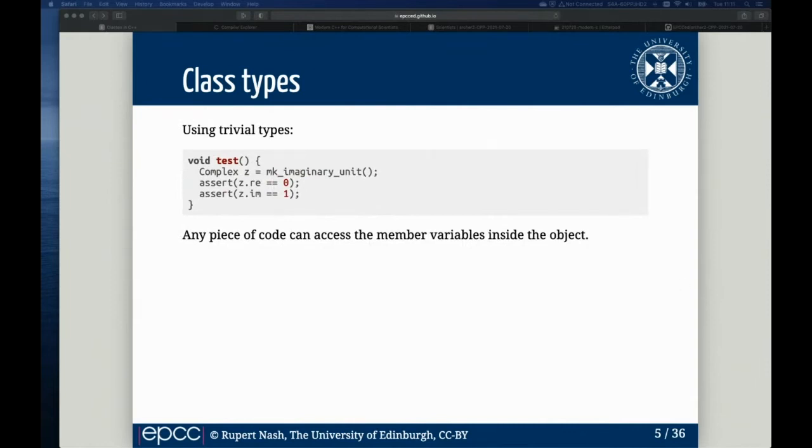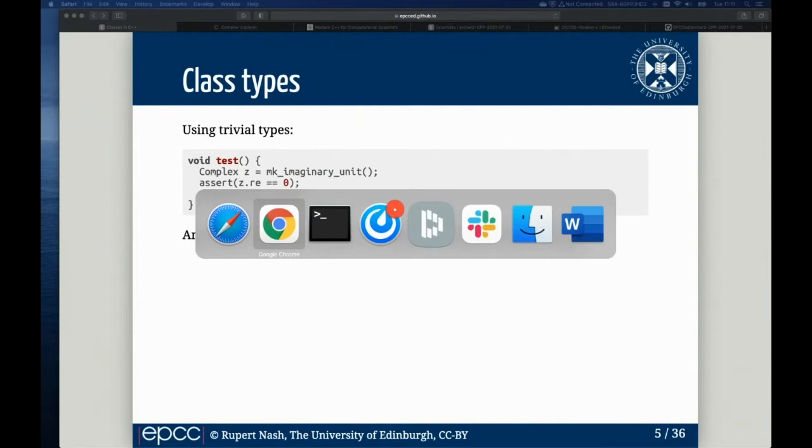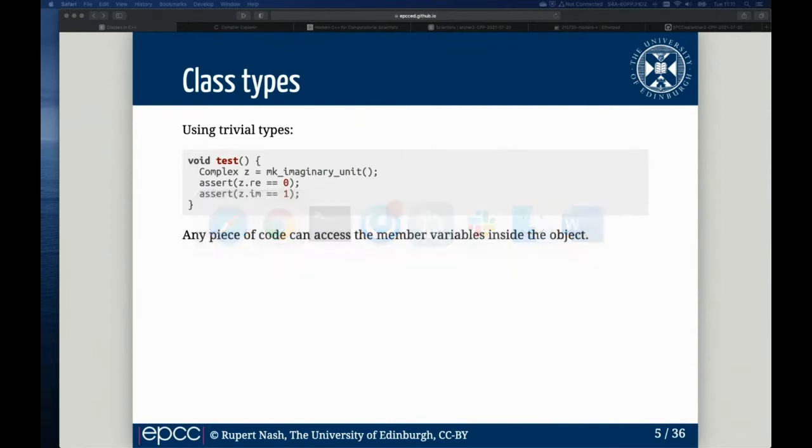And then you can use it, in this case in a simple way. We're just asserting that it has the value that we want. Okay, so long as, is the constructor inside the function call? It is still accessible afterwards.